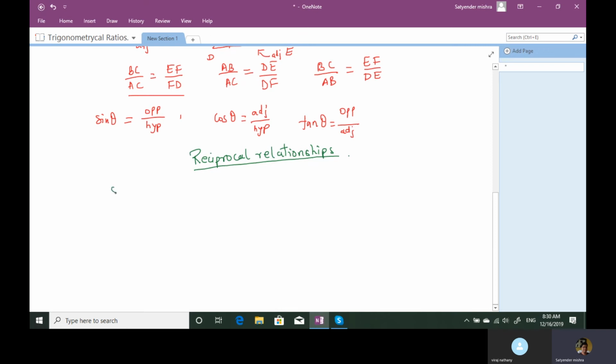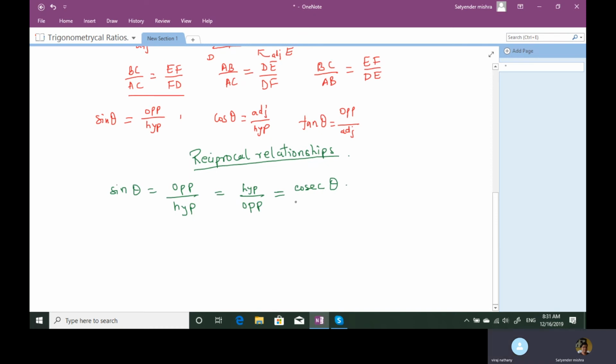So if we convert, sine theta is what? Opposite by hypotenuse. Now if we change the ratio to hypotenuse by opposite, then the name of the ratio will also change. It will become cosec theta, right?